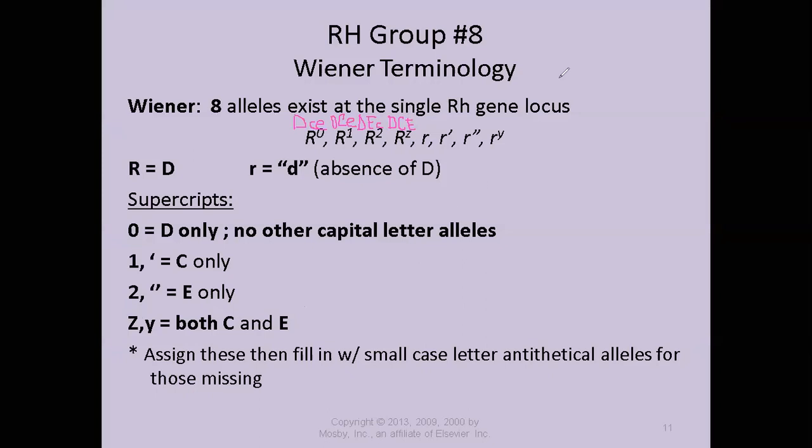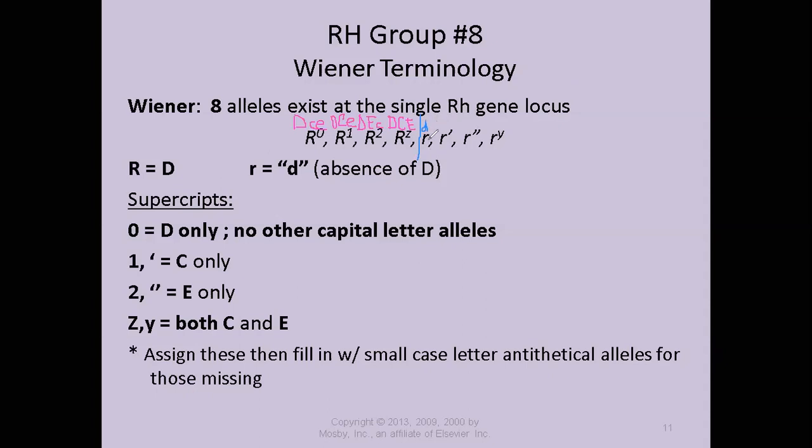hopefully that makes sense. I'm just going to draw a little line here to separate from our smaller case ones. So let's look at our smaller case ones. Remember, whenever you see little r, there is no big D, so I can initially put a little d here.